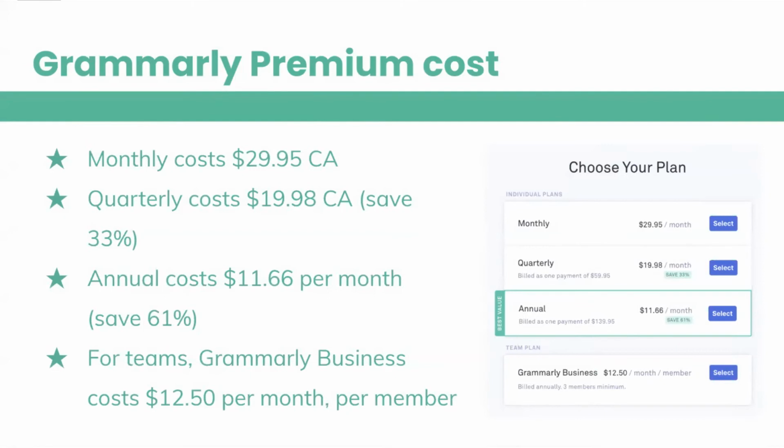And also for teams, Grammarly Business costs $12.50 per month per member. So there are a few different packages available, and there are also some really great discounts throughout the year, such as on Black Friday, Cyber Monday, and I think there was also one over the holidays as well. So you can look into that. And if you subscribe to receive emails from them, they'll email you when there are some good discounts available.